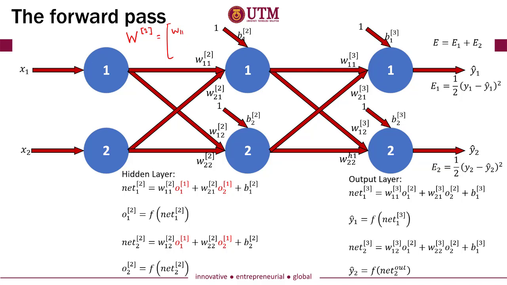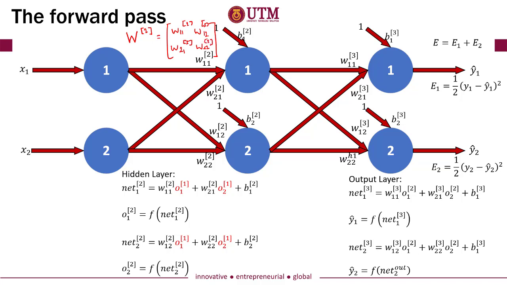You can see that the numbering here represents the coordinate, or the index, inside the matrix, so you need to arrange them appropriately according to these numbers. This one is row number 1, column number 1, and this one should be W21, and then this is W12, W22.